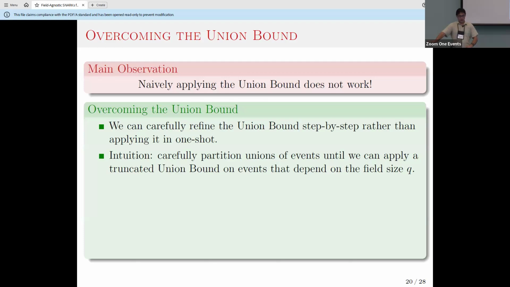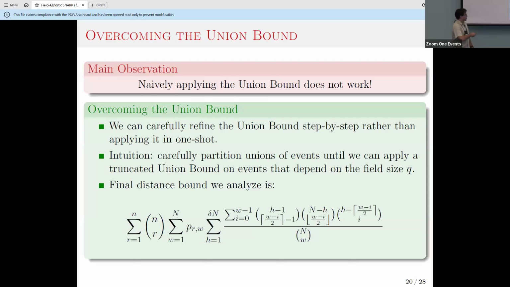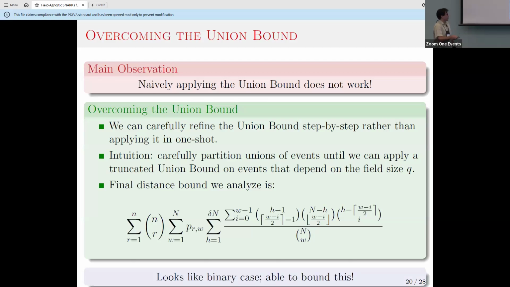Once you have the union of events that depends on the field size q, you can apply a truncated union bound, which just says the probability is at most 1. Then you end up with this final distance bound, which looks a lot like the binary case. You just have another summation and one more binomial. Intuitively, in the binary case we had n to the 4 minus some constant, and now it's n to the 5 minus some constant because we have one more summation here.